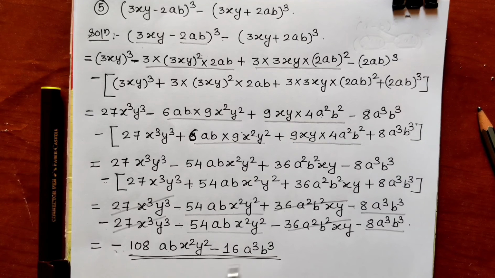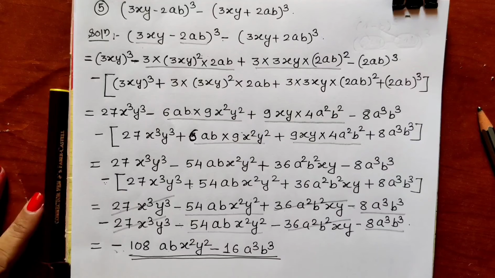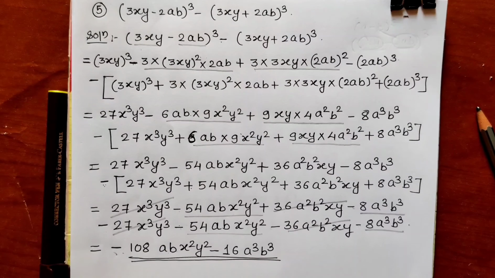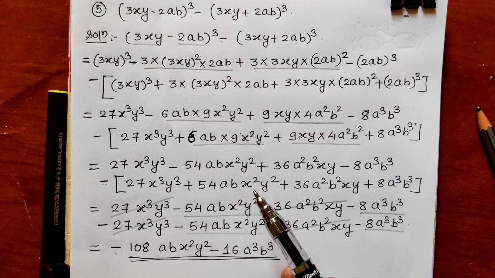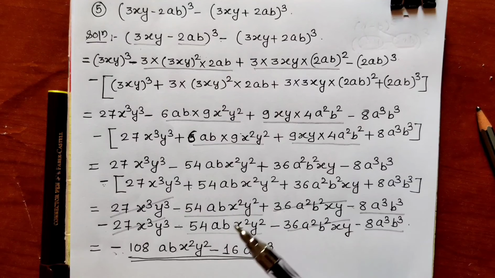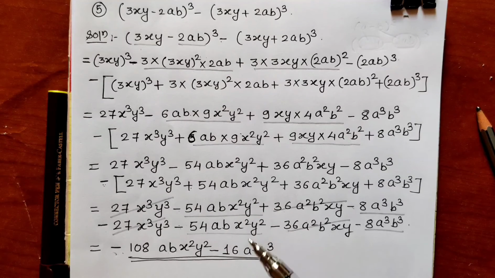After this, we cannot add them. They are different terms. So this is our answer. So in this way, very carefully, we will have to apply the formula. We will have to solve the multiplications, remove the brackets, cancel similar terms with opposite sign, add the similar terms with same signs, and get the answer.